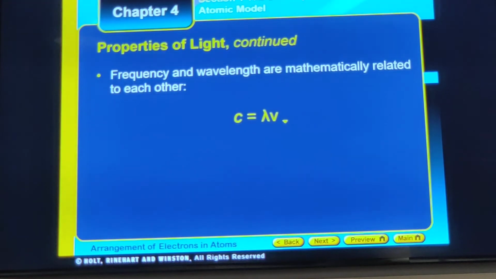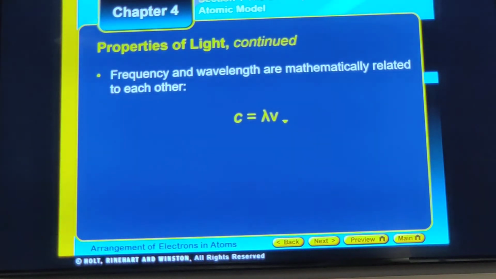So the speed of light, in meters per second, is equal to the frequency times the wavelength, as it shows there. C equals wavelength times frequency, or if you want to change that Greek letter nu to an F, it probably might mean more to you than the V, because the V to me looks like velocity, which is also meters per second.